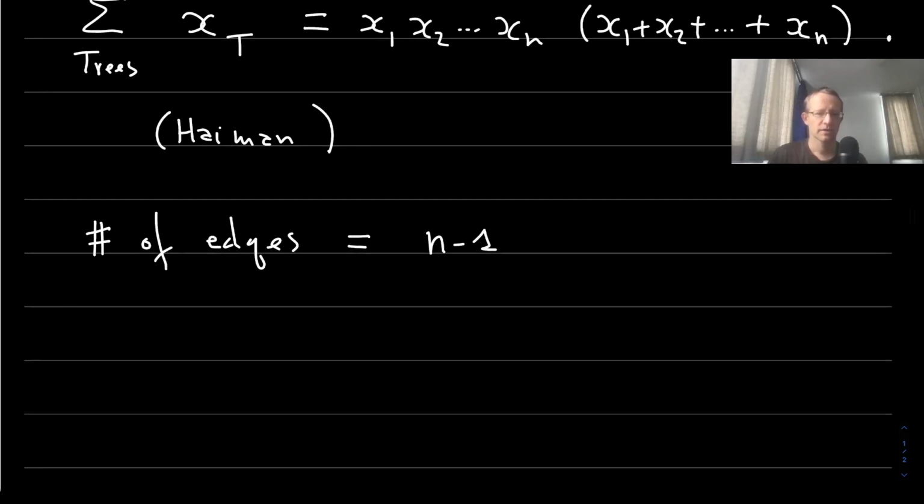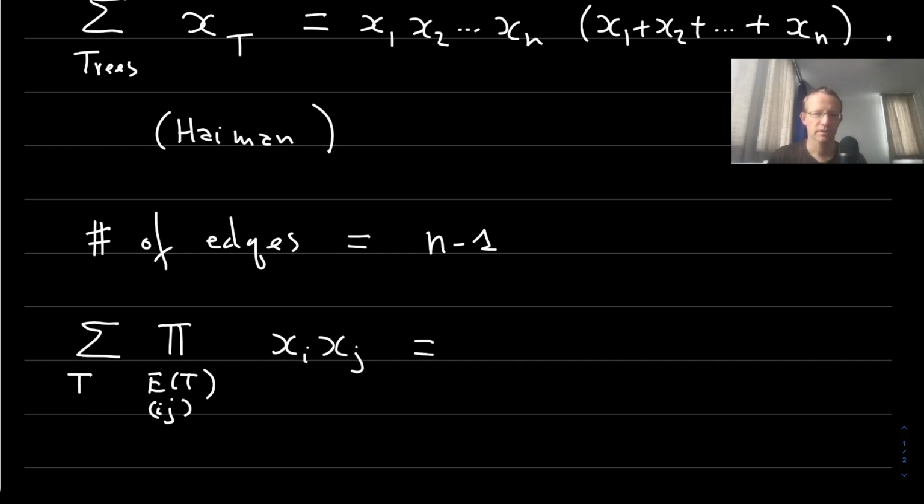And note that my definition here of my monomials is such that we can write this as a sum of products over edges in the trees, where the edges are denoted ij, and then I just multiply xi and xj.